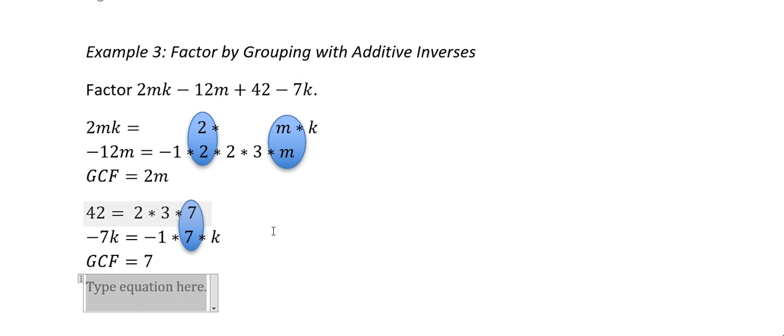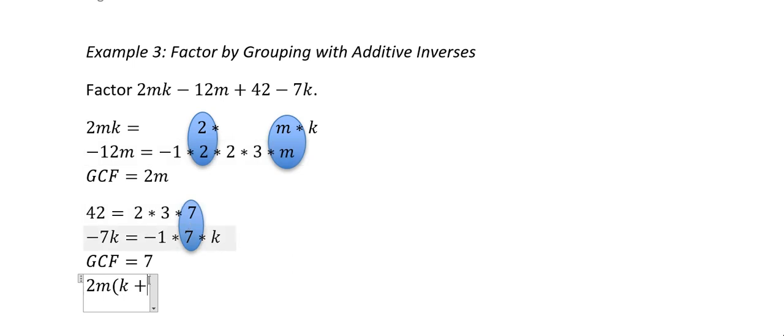So let's try and start writing our factors. The first set, the GCF was 2m. The remaining things from 2mk, I used this and this, I've got a k left over. So that's k plus negative 12m, I've got a negative 1 times 2 times 3.